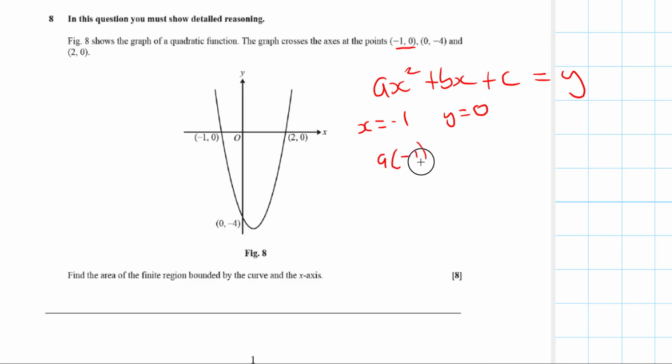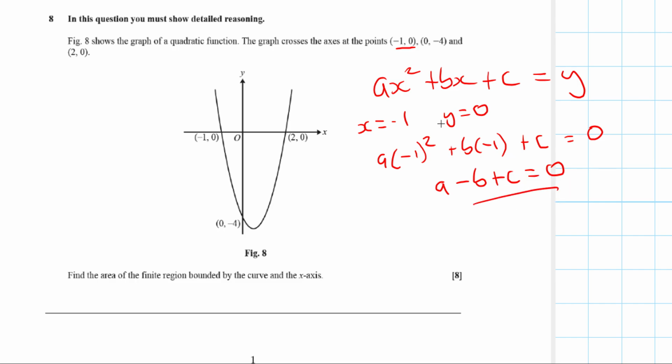So it's a times -1 squared plus b times -1 plus c is equal to 0. -1 squared is 1, so that gives a minus b plus c equal to 0 as equation 1. Then the next point that we have is x is equal to 0, y is equal to -4.